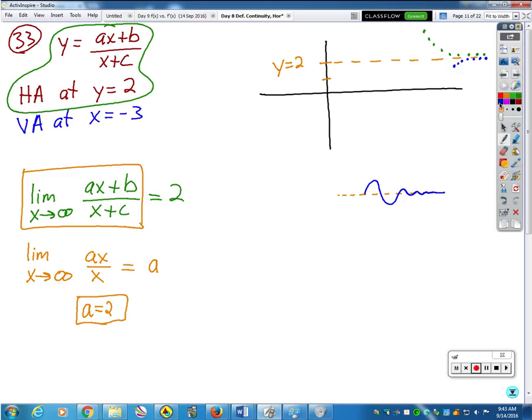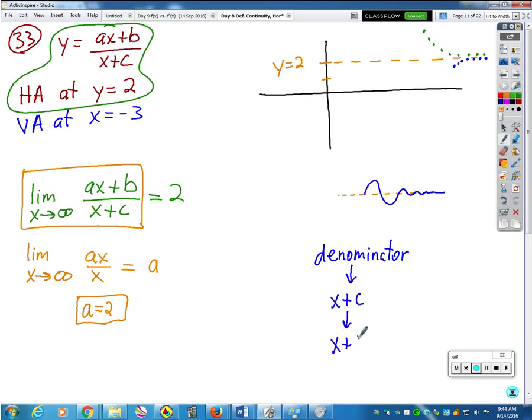Now you have to have memorized what vertical asymptote means. So somebody raise your hand and tell me what is vertical asymptote. Chance. When the denominator in a fraction is 0. Nicely done. So we have the denominator, which in this case, our denominator is X plus C. We need the denominator to equal 0.